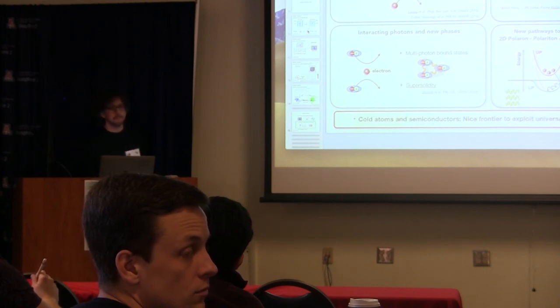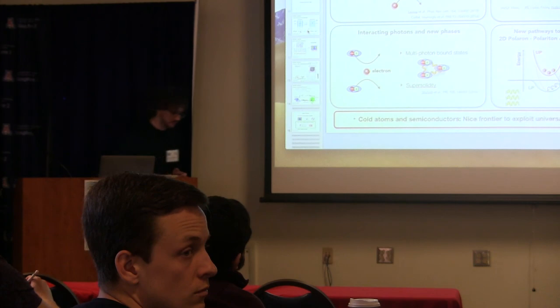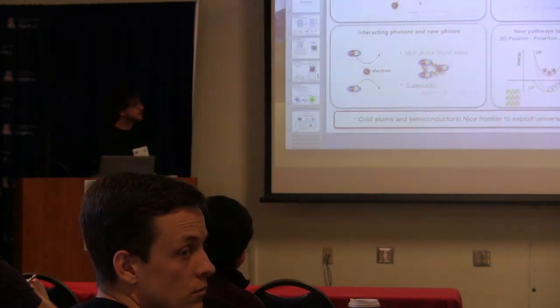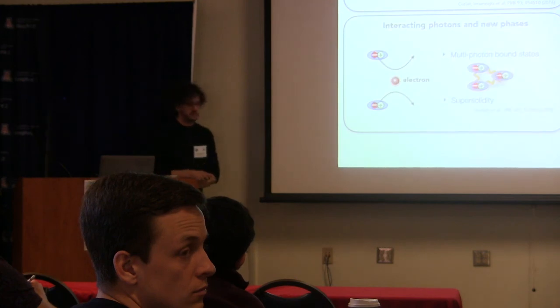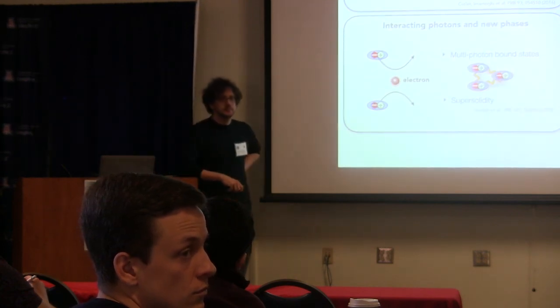That's very hard. The whole idea is that this is a way of making excitons very strongly interacting. But excitons can hybridize with light to make a polariton, and therefore it brings us closer to the goal of having very strong nonlinear optics.